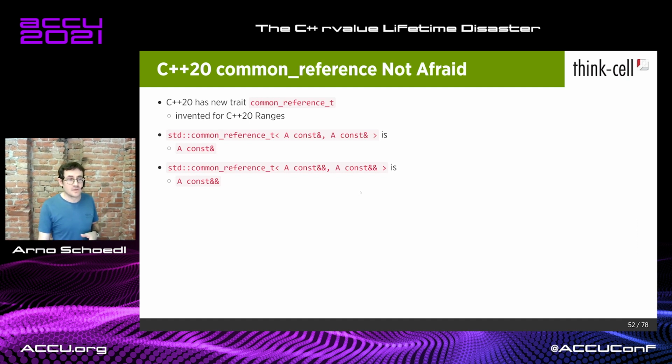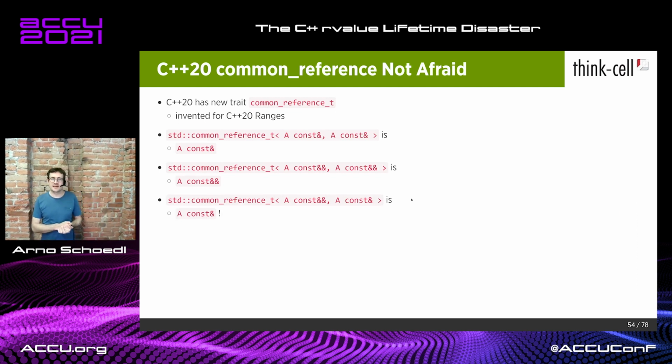Now, what if you mix them again? What do we get? Well, in this case, we get an lvalue reference. Kind of logical because an rvalue reference binds to an lvalue reference, but the lvalue reference doesn't bind to an rvalue reference. So we take the common denominator of the two and say, well, it's an lvalue reference. So of course that is basically embracing rvalue amnesia.